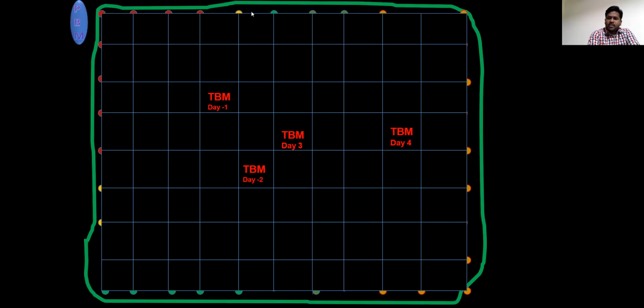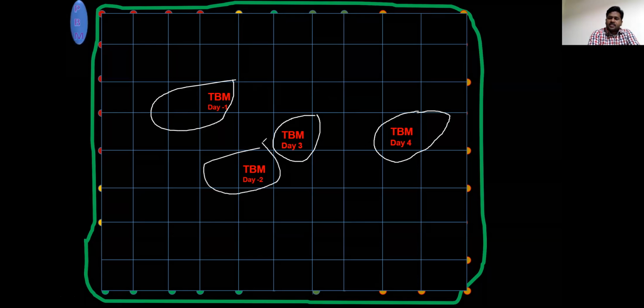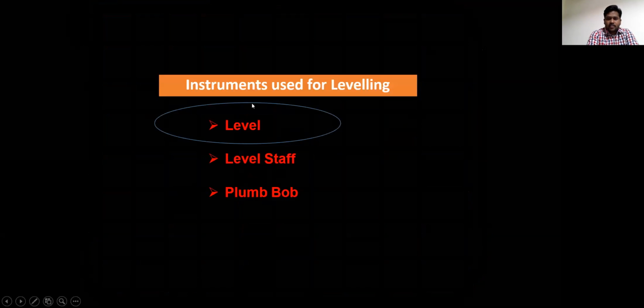Temporary benchmark, day 3, and temporary benchmark for day 4. If we are conducting a survey of this total area, the surveyor considers these temporary benchmarks for that particular day. After that, if you come the next day and conduct the survey, then I need to go for another temporary benchmark. So this is how we will take these benchmarks.